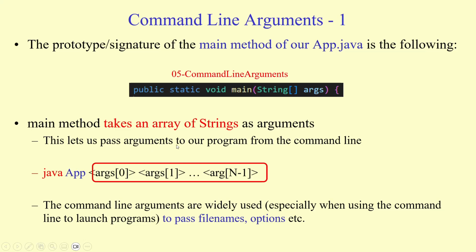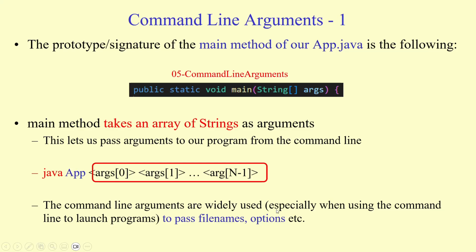This lets us pass arguments to our program from the command line. We know that from C++, these are called command line arguments. So when we run our application using java app, and then pass a sequence of command line arguments, these will be packed into an array of strings and passed to our program.